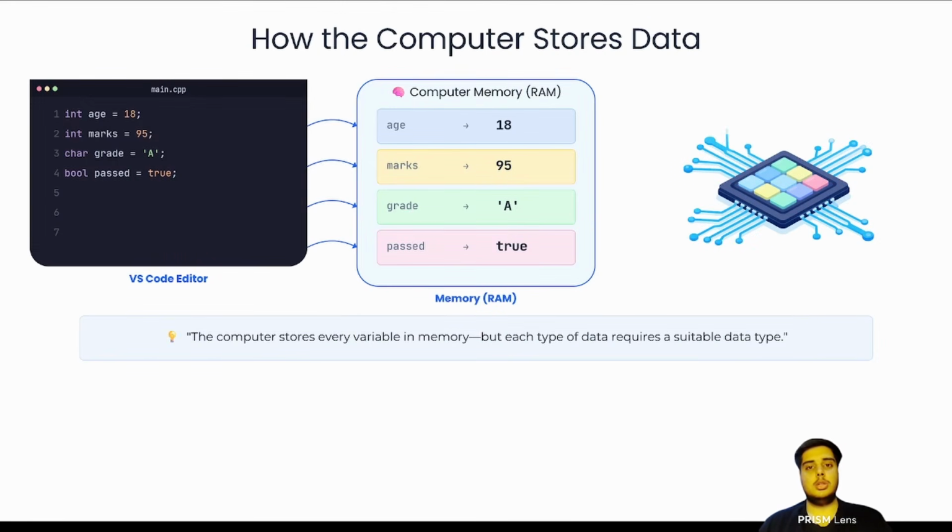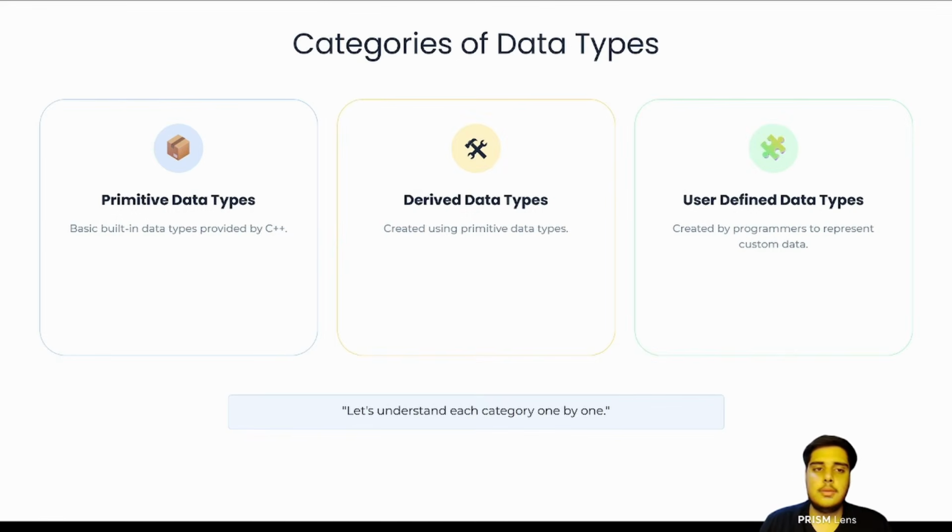How the computer stores data. When the user writes int age = 18, marks = 95, and so on, the memory stores each variable with its value, because each one requires a data type to be declared.